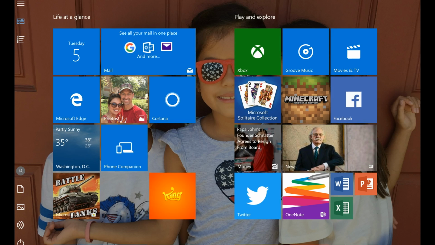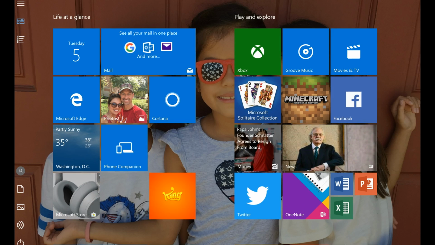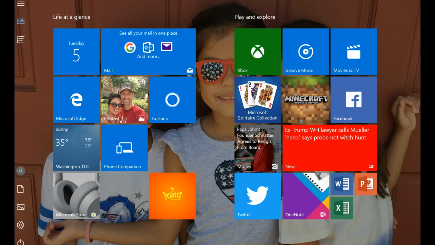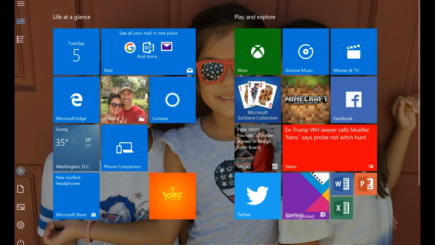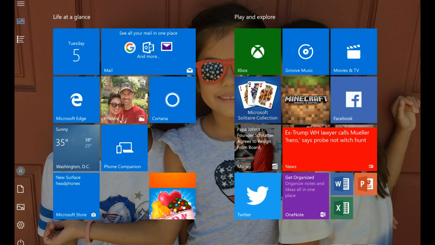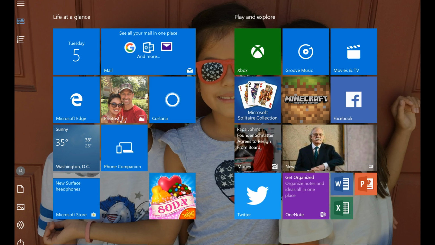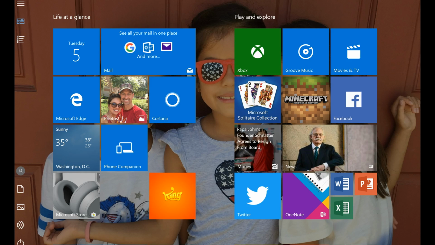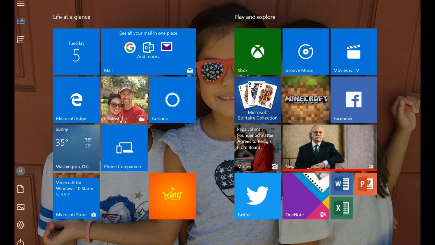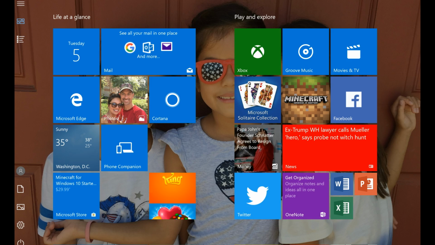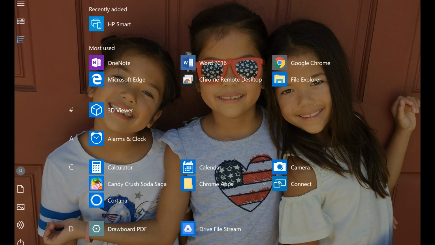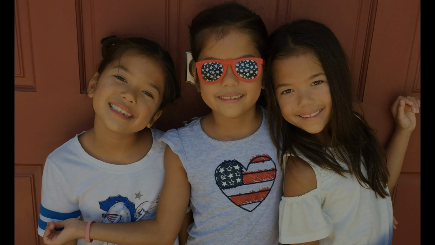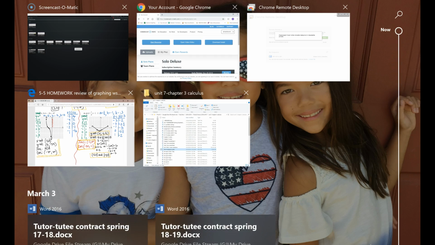Whoa, something happened. It's thinking. Or it just doesn't like this set of notes right now. Or Minecraft, which I have no idea how to do. Yeah, okay. Where did it go?